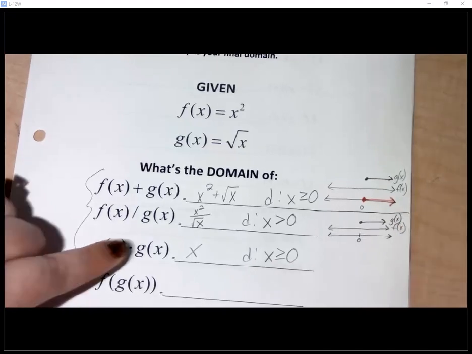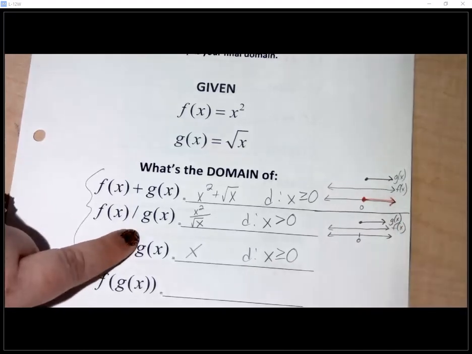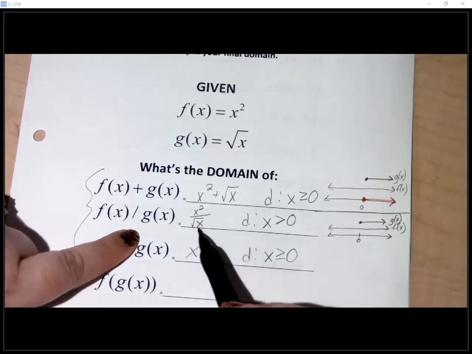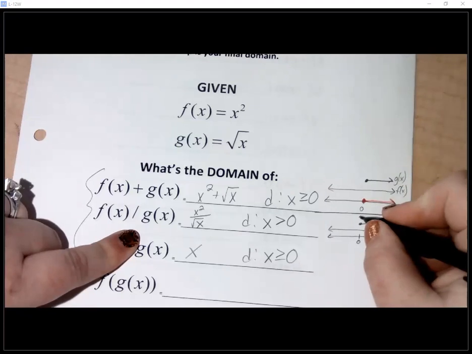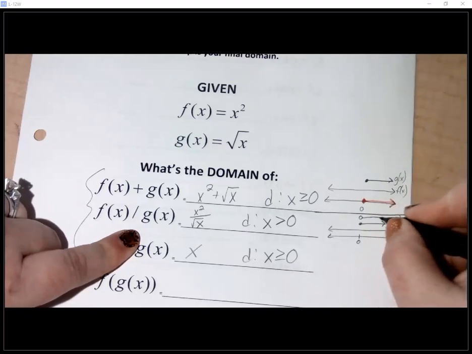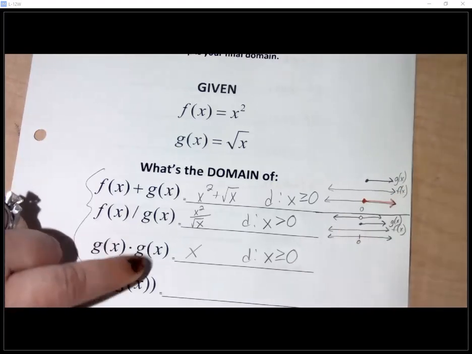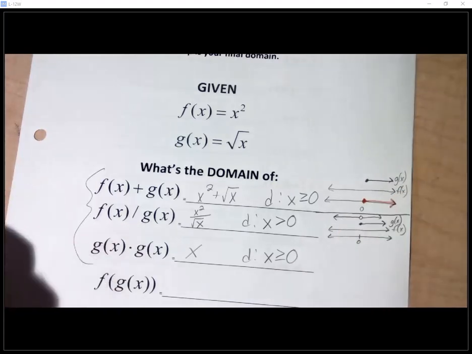But my new function, my combined one, involves a fraction. I can't ever let that denominator equal 0. So that means I cannot have 0 in my answer or in my domain. So when I combine all three of these, I want what works for all three of them.